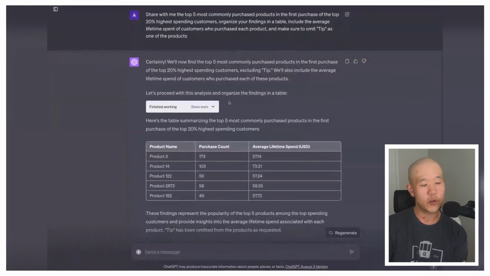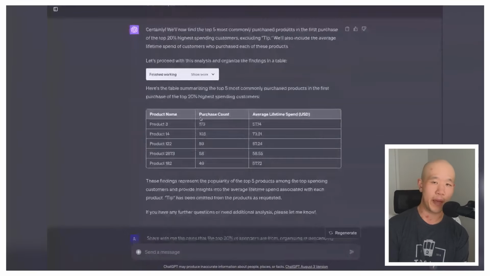So now I can understand, for the people who have spent the most amount of money, what are the products that they're actually spending their money on, and what's common across these customers, and we can contrast that to the bottom spenders.